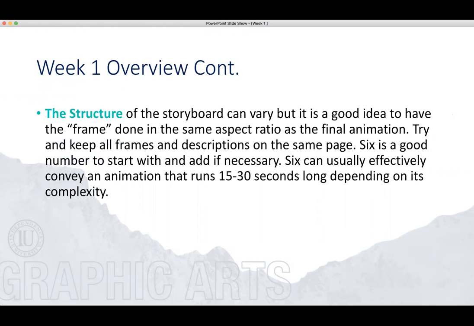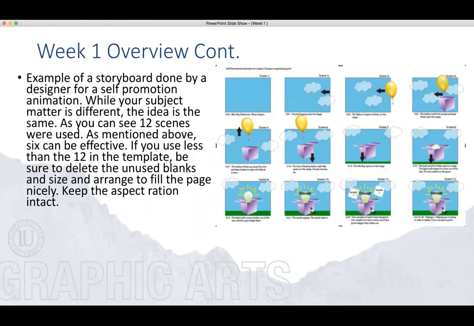Try and keep all frames and descriptions on the same page. 6 is a good number to start with and add if necessary. 6 can usually effectively convey an animation that runs 15 to 30 seconds long, depending on its complexity.